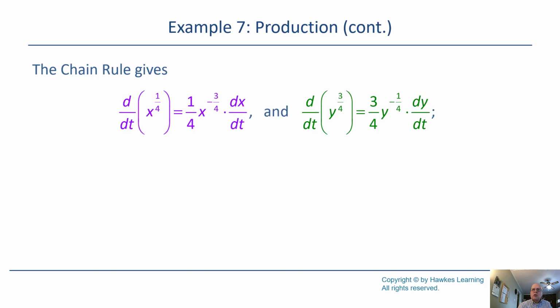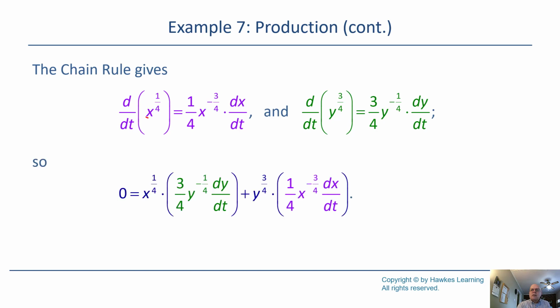The chain rule is going to give us x to the 1/4, bring that 1/4 out front. So we'll have 0 equals x to the 1/4, the 3/4 y to the negative 1/4 there. Remember, subtract 1 from our exponents when we use the power rule. Don't forget that. So for example, this becomes that, and so on.